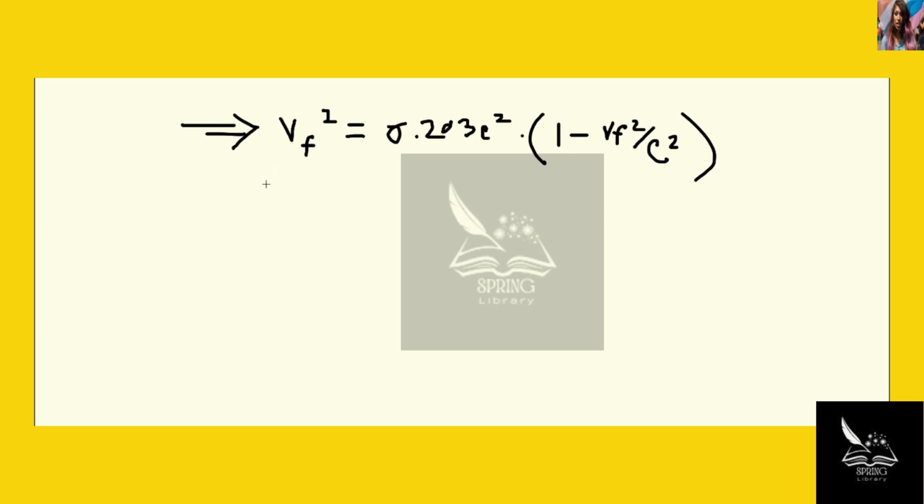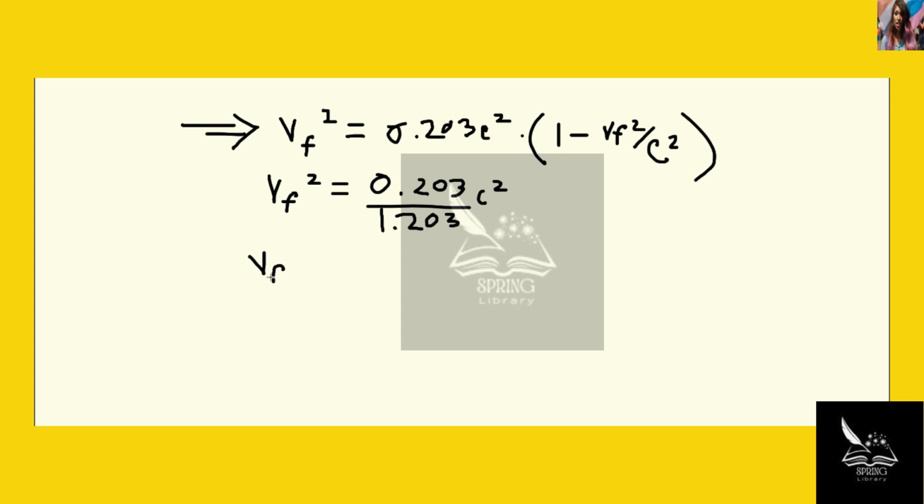And if you rearrange terms in the correct way, you get that Vf squared is equal to 0.203 over 1.203, all of that times c squared.